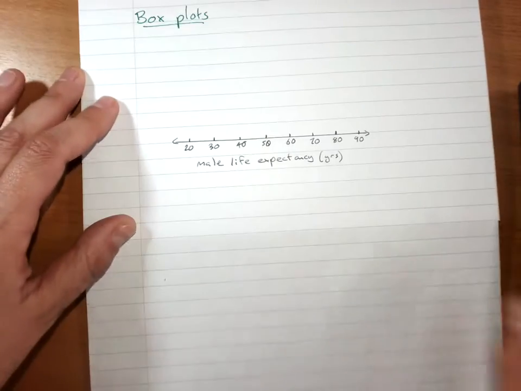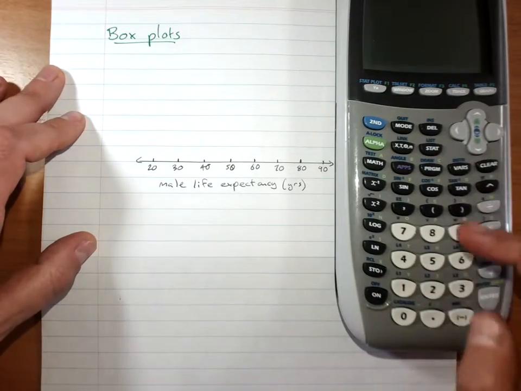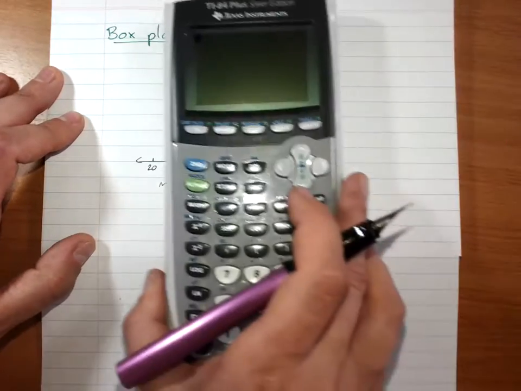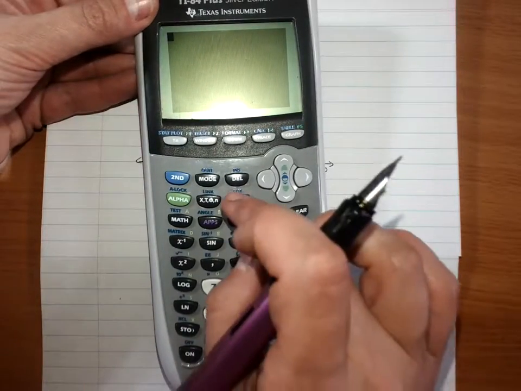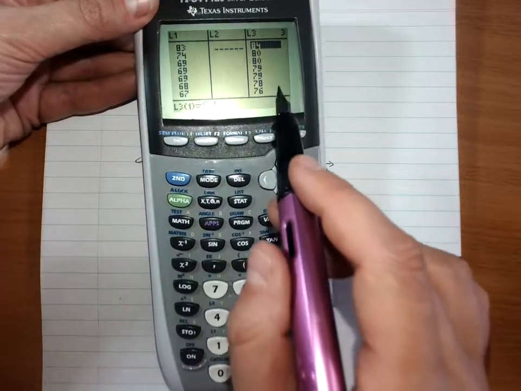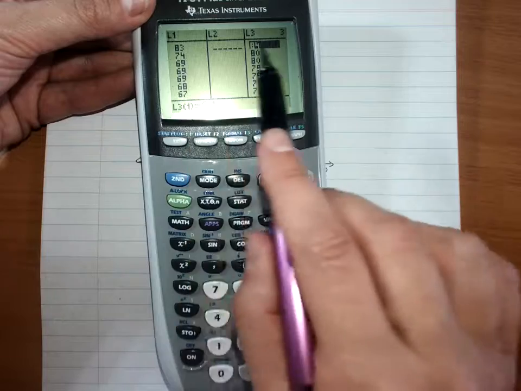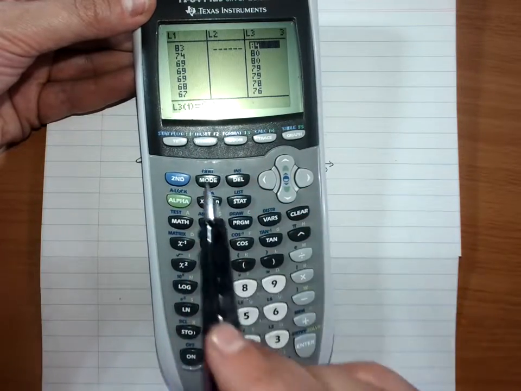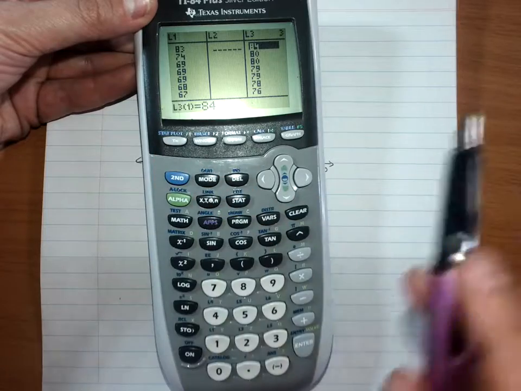So we get that. Remember, you can get this and the mean by putting your data into your graphics calculator and doing stat edit. Now I've put the data in already, and I've just actually put it in L1 and L3 so that I'm not getting mixed up with having a frequency column. But you could always put it in L1, get your answers, and then delete it.